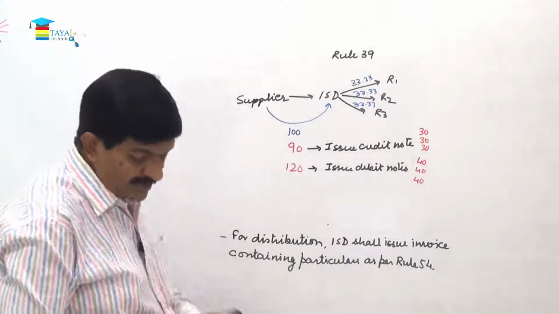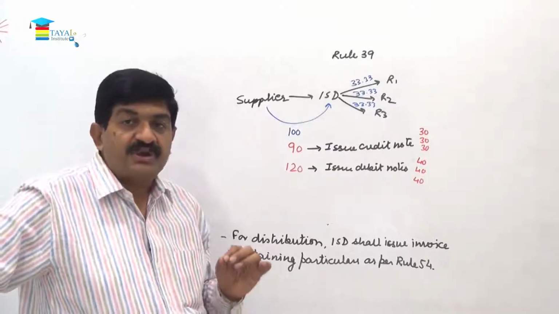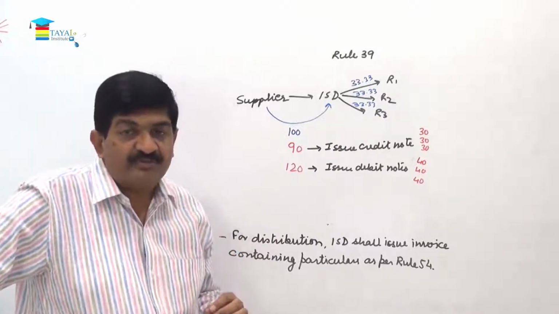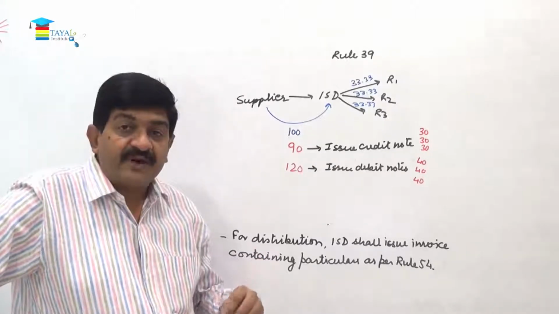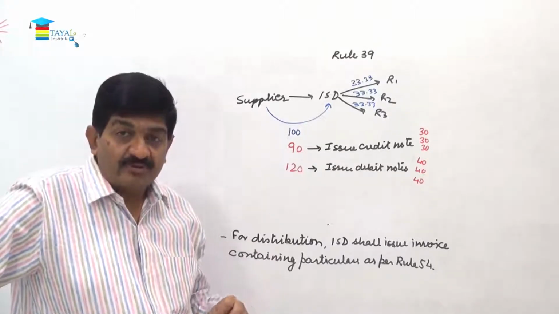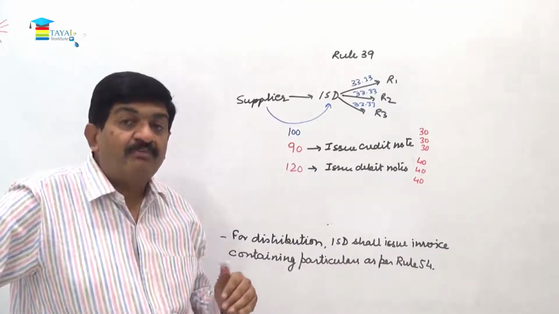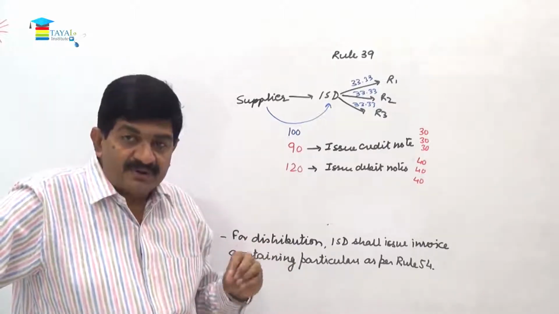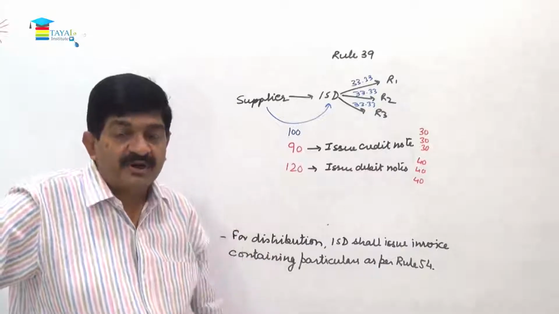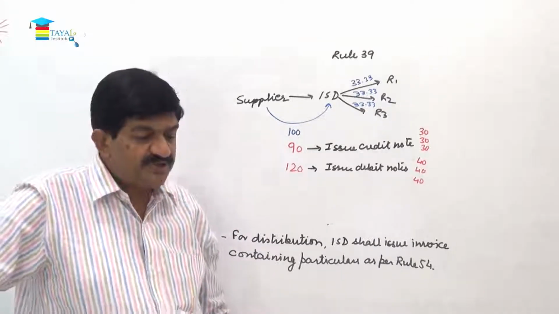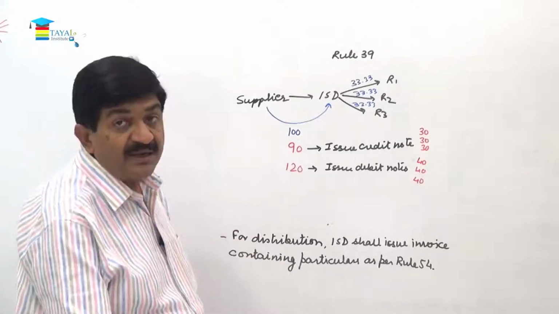So first of all, the input service distributor is required to issue input service distributor's invoice as per rule number 54, and if the amount of credit availed by the input service distributor changes because of issue of the credit note or debit note by the supplier, in the same proportion the input service distributor should also issue debit note or credit note to the recipient for changing the amount of credit. So this is in rule number 39.